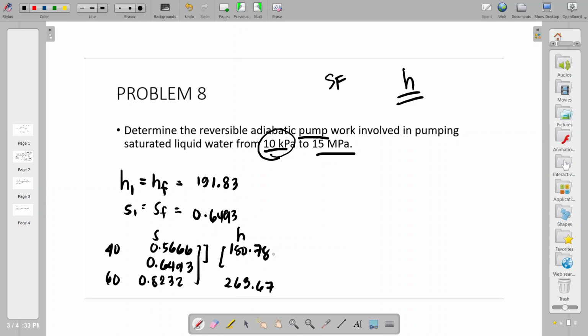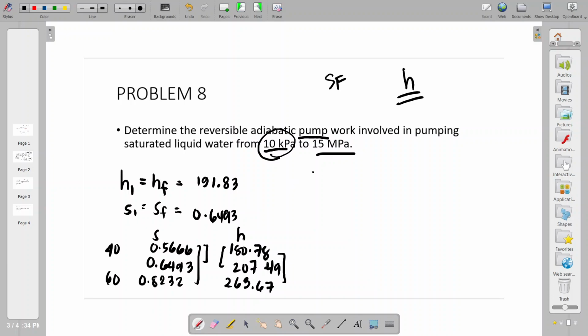Pag nag-interpolate tayo dyan, ang result is equivalent sa 207.49.